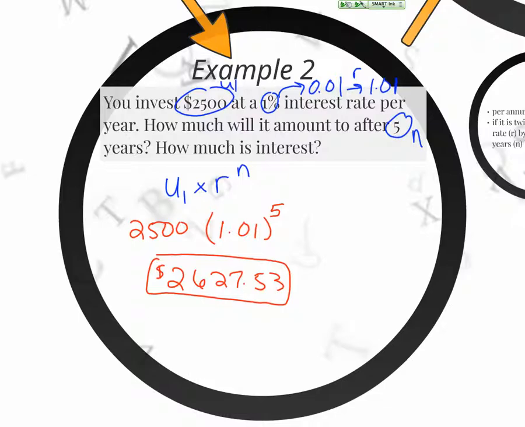What are you thinking? Yeah, absolutely. See, you guys know what's going on. You just don't want to tell me. If I subtract my initial amount, okay, let's figure out how much is interest. Subtract from the initial amount. Leaving that money in there for 5 years only made $127.